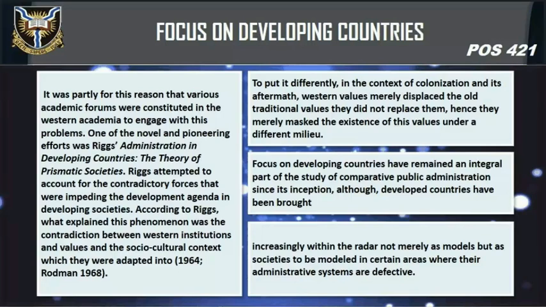To put it differently, in the context of colonization and its aftermath, Western values merely displaced the old traditional values. They did not replace them. Hence, they merely marked the existence of these values under a different milieu.